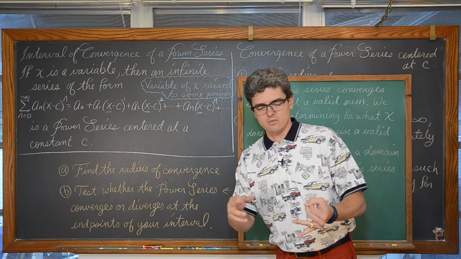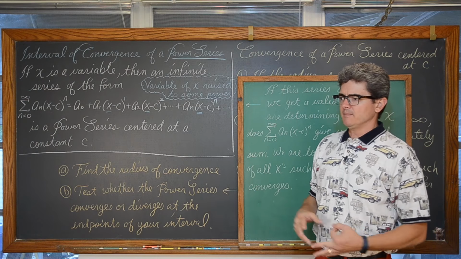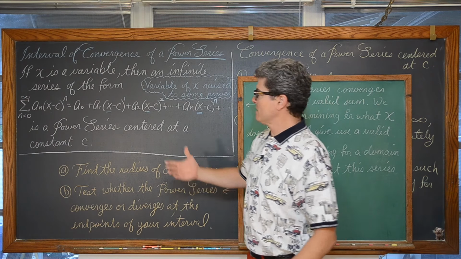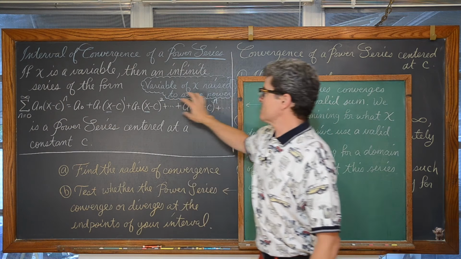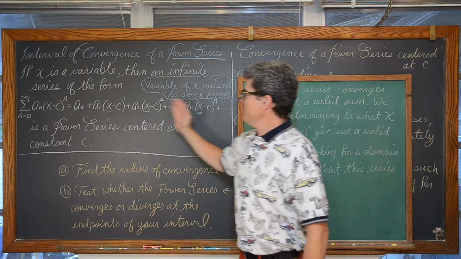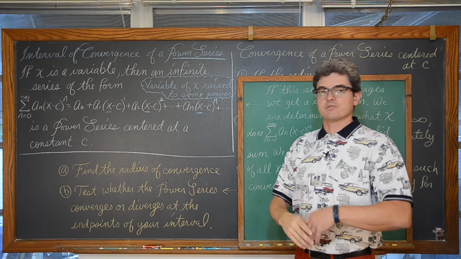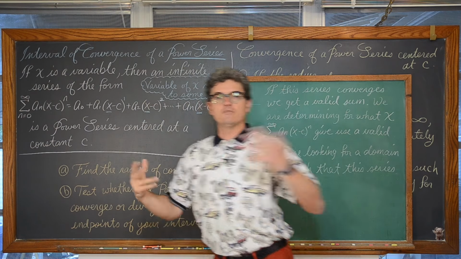We talked about ratio and root test and alternating series test and so on. But you'll see here that when we go from the summation notation into our expanded series notation, the variable of n is gone. That's starting at 0 and going to infinity.